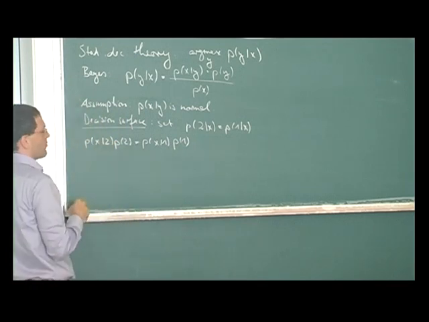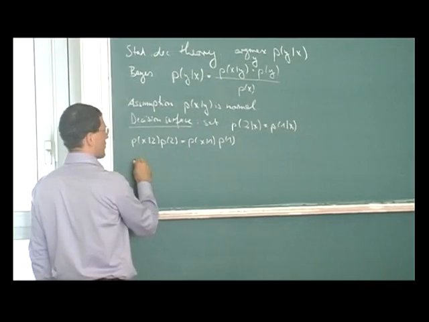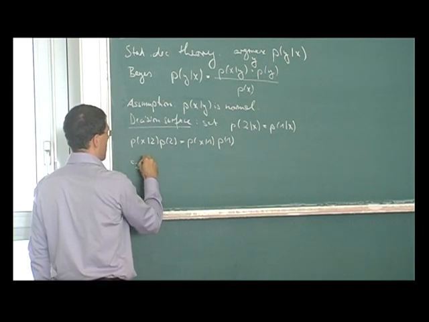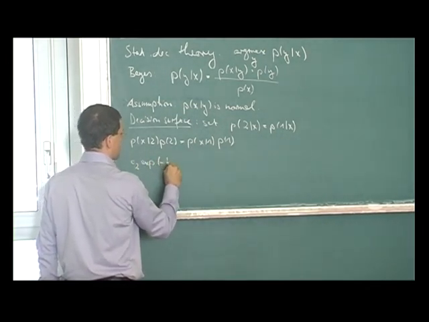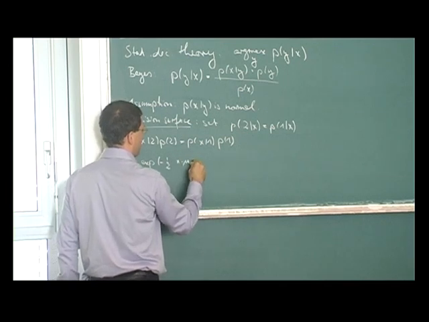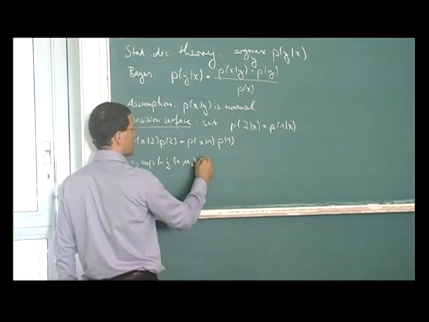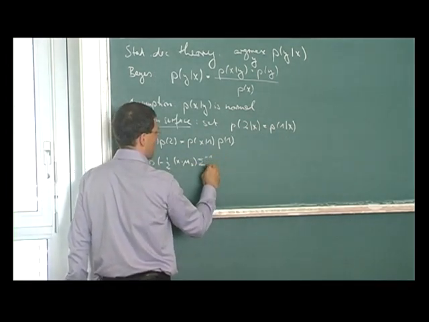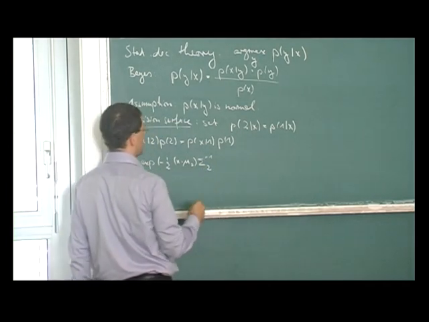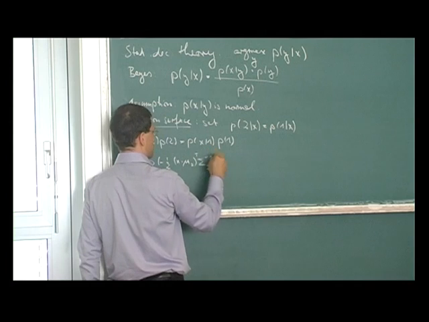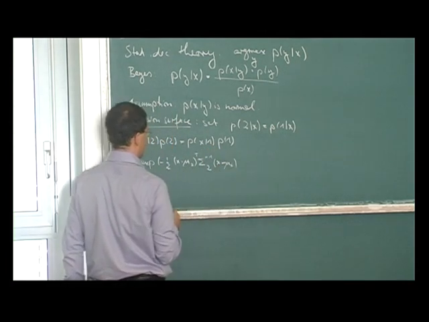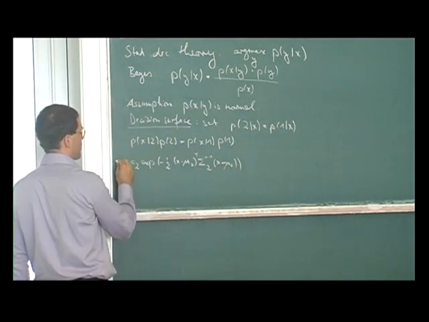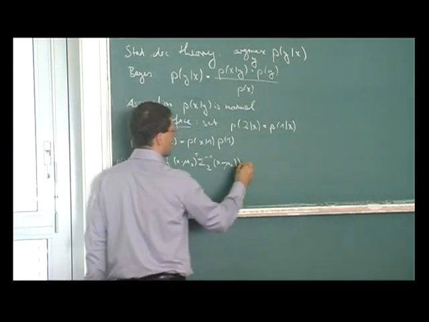And we will now use the PDF of the Gaussian distribution. So this was some normalizing constant, then x minus mu 2, so the mean of class number 2, then the covariance matrix of class number 2, and the whole thing is multiplied with the probability of class 2.